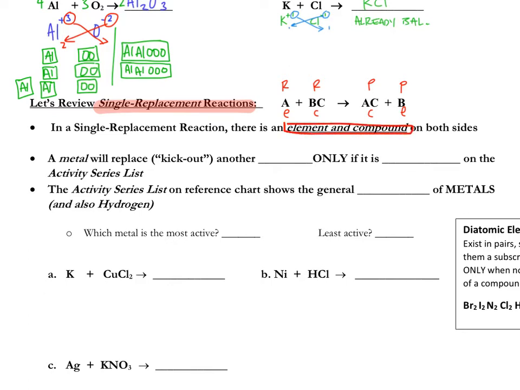Okay, the metal will replace or kick out another metal only if it's higher on the activity series list. Okay, so just to give you a refresher, the activity series list on the reference chart shows the general reactivity of these metals.